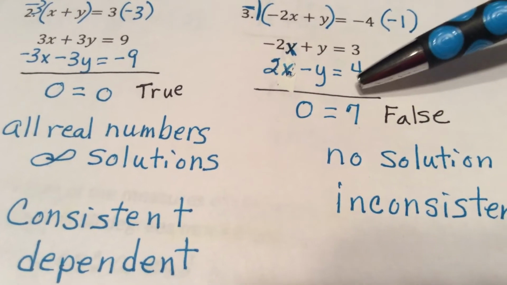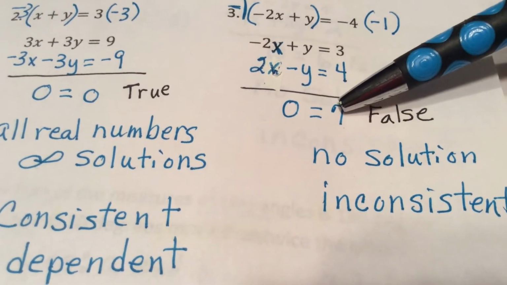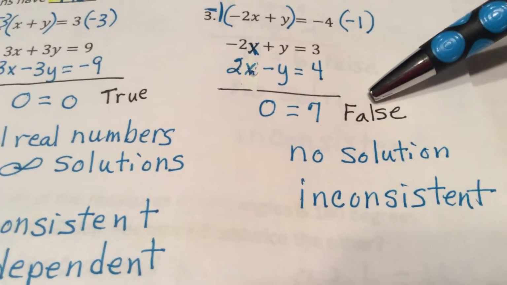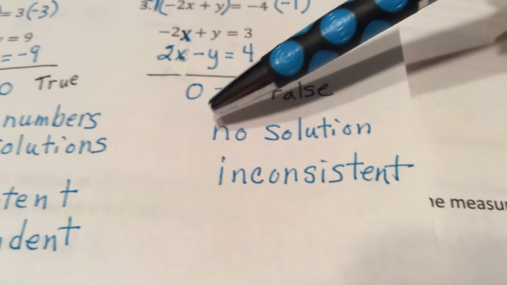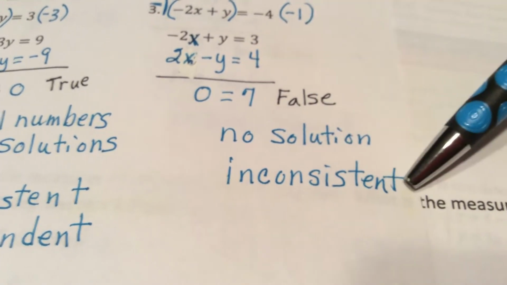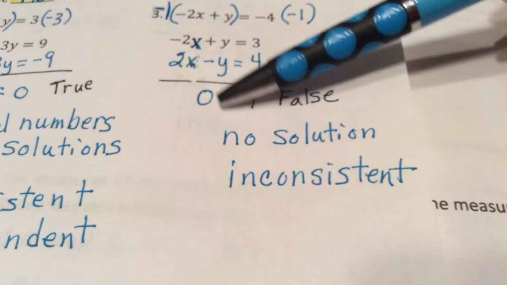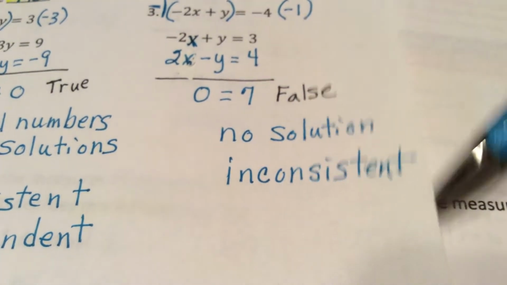Now all of our x's and y's have disappeared, and we have a false statement. Since 0 does not equal 7, it's false. That means there will be no solution, and if there is no solution, then it will be inconsistent. This will have 3 different answers: the 0 equals 7, the no solution, and the inconsistent.